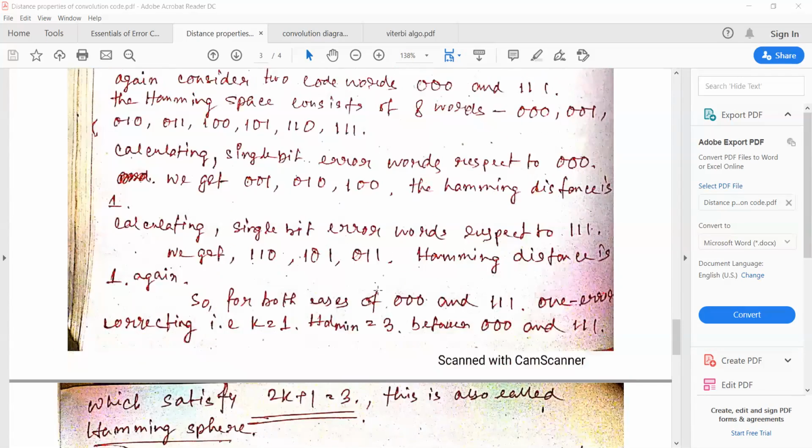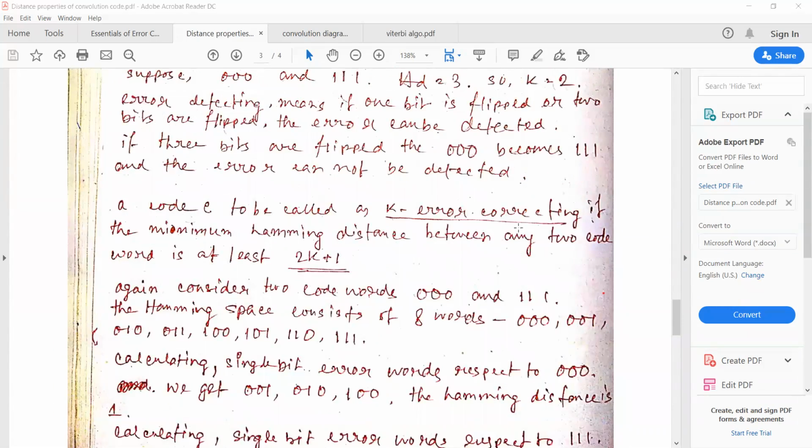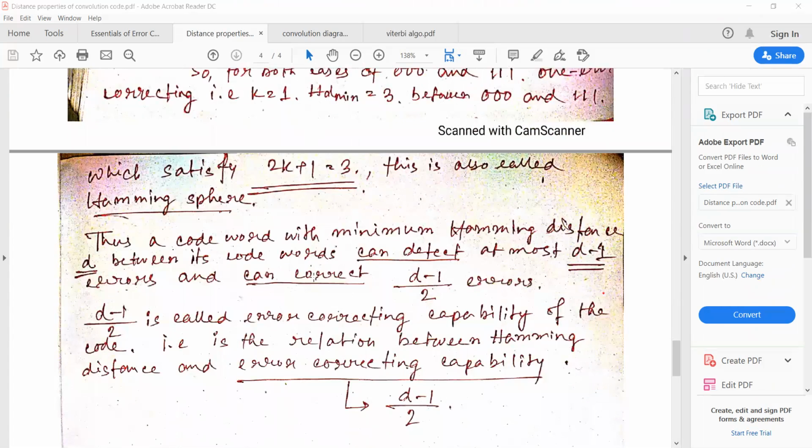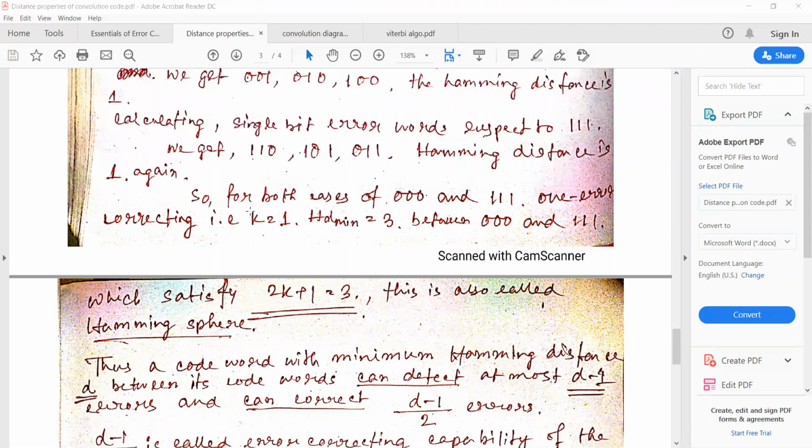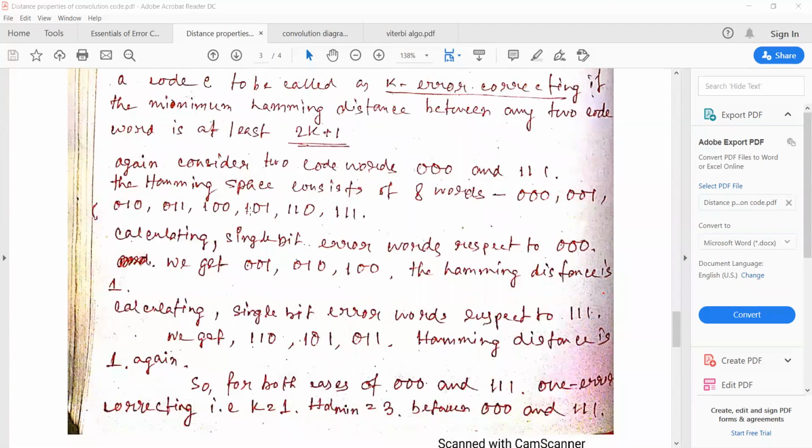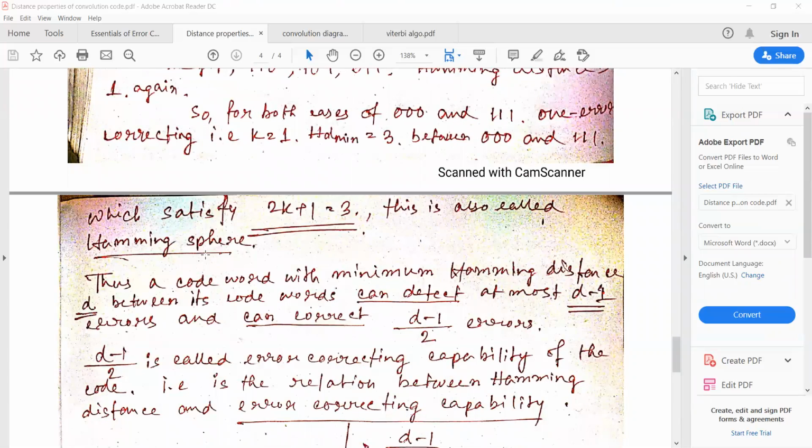And for a k error correcting code, 2k plus 1 will be the minimum Hamming distance, where k signifies the number of errors you have to correct. So this example satisfies the condition, 2k plus 1 equals 3, and this whole thing is called the Hamming sphere. That means a k error correcting code is also called the Hamming sphere.